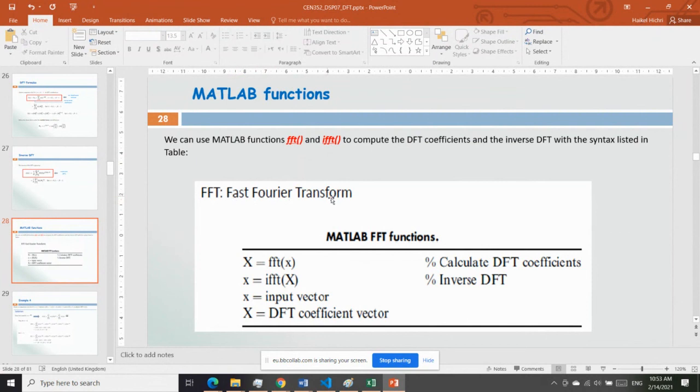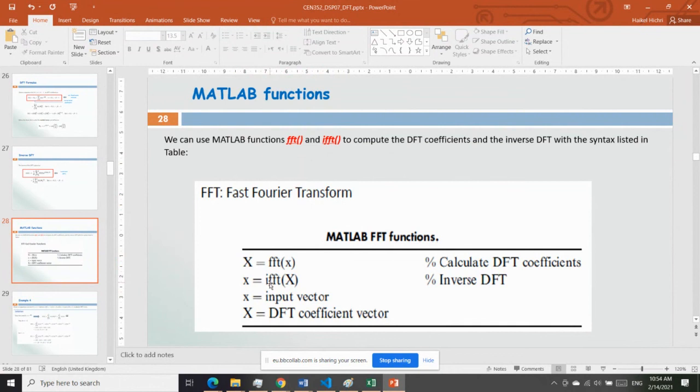So أنا compute the DFT تعطيها الفيكتور x اللي هو discrete، حجمه n، تحسب لك FFT تعطيك big X.